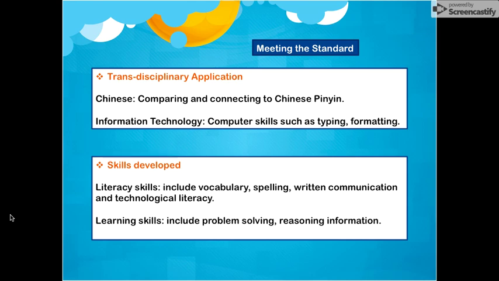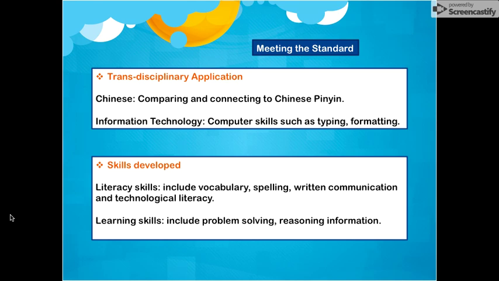Also in IT class, because our kids are starting to learn basic computer skills such as typing and formatting, they can learn to type in uppercase or lowercase.